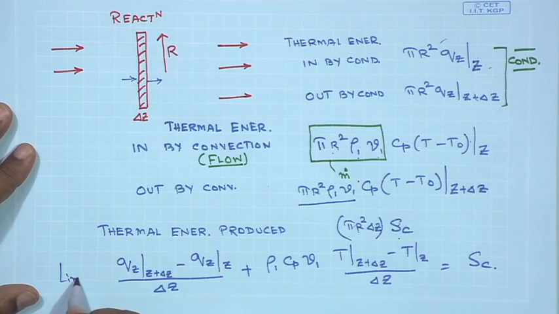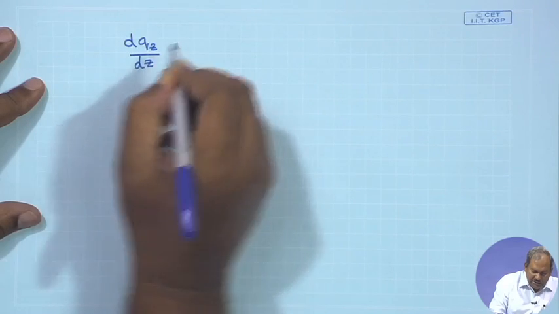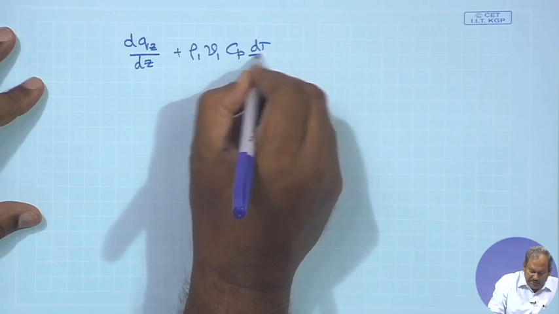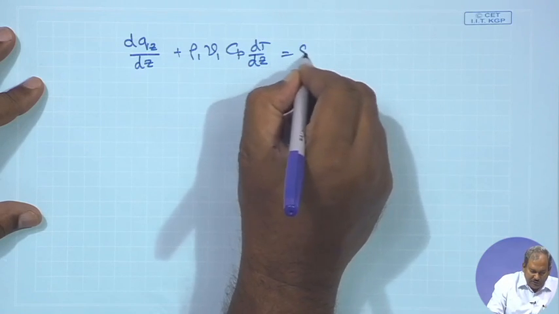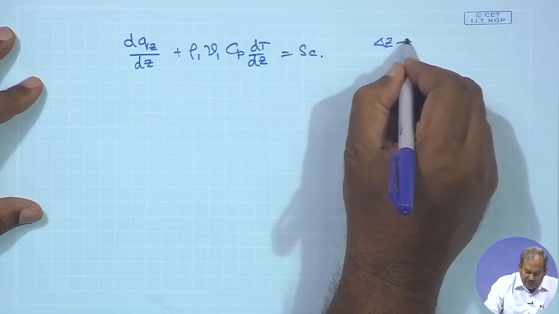So, you take the limit as delta Z tends to 0, and what you get out of this equation is simply the governing equation, which is dqz by dz plus rho 1 v 1 Cp dT by dz is equal to Sc. Now, this is when delta z tends to 0.